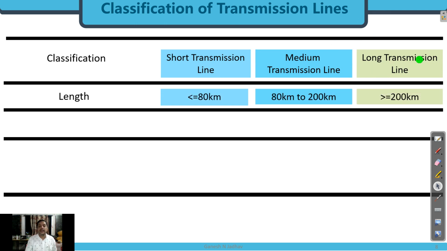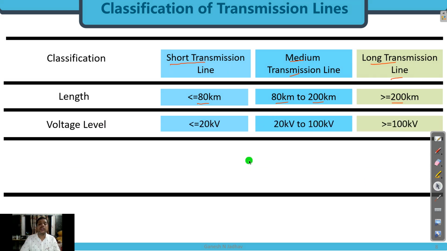What are the lengths? A length below 80 kilometer comes in the category of short transmission line. A length between 80 kilometer and 200 kilometer is a medium transmission line, and above 200 kilometer it is a long transmission line.